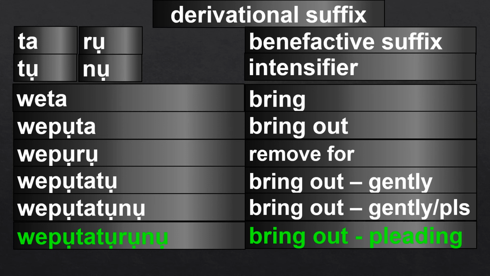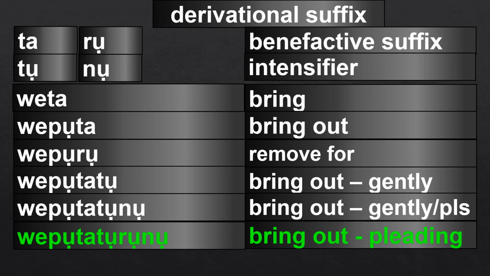It's just a simple verb root with a suffix. Ta is bring. However, there are verbs with the same spelling. For example, the verb to chew is ta, but that's not what we're referring to here. So you can get verbs that have the same spelling as derivational suffixes, but that doesn't make the suffixes verbs in themselves, right? We have ro as our suffix here, which we just used.